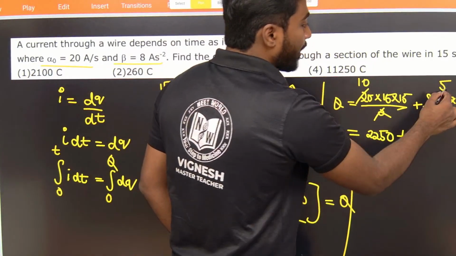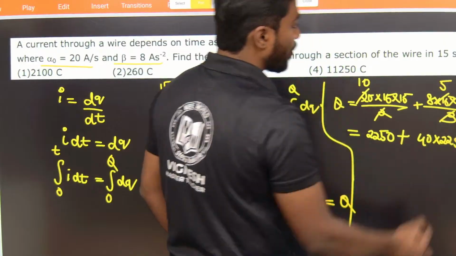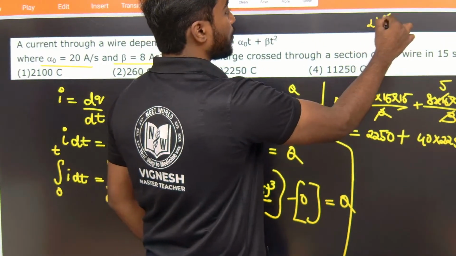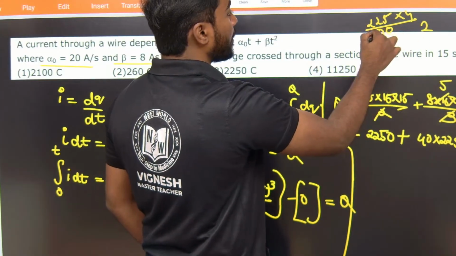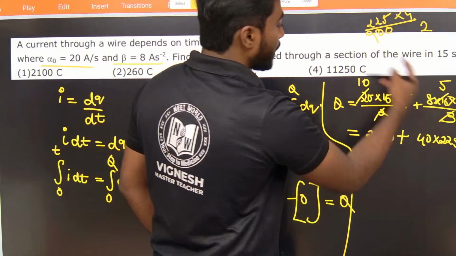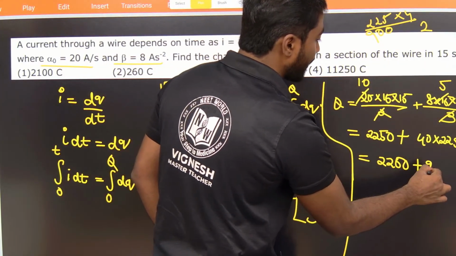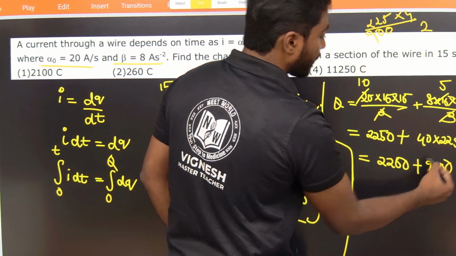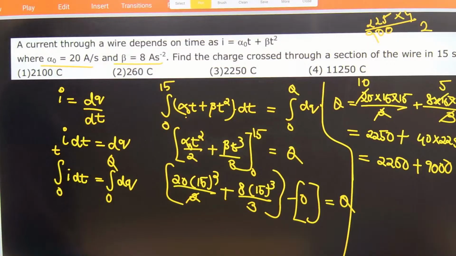Plus 8 into 15 cube by 3: 8 fives are 40, and 40 into 225 is 9000.